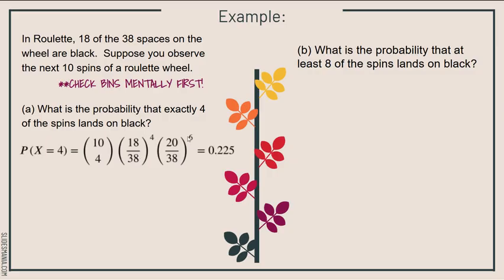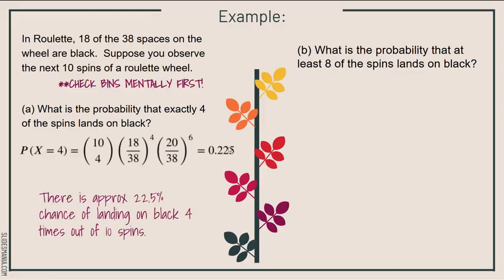So this exponent and this exponent should add up to 10. We can put this straight into the calculator and get 0.225. So there's approximately a 22.5% chance of landing on black 4 times out of the 10 spins. So you will have to write each of these things in context: how many times you want the success out of how many total spins or trials.